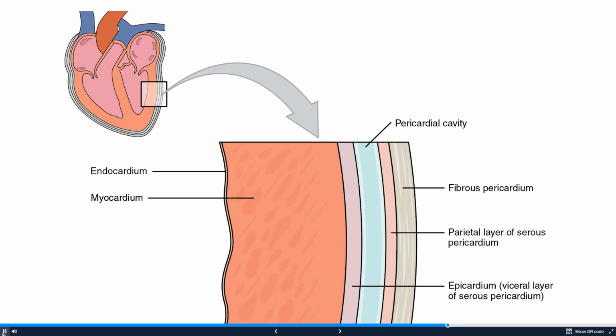And then the inner lining is a very thin endocardium, which is a simple squamous epithelium lining the inside of the heart, which is continuous with the endothelium that's the lining of the blood vessels. If we were to look at a section of the wall of the atria, another part of the heart, the myocardium would be much smaller in thickness, but the same layer arrangement would apply.